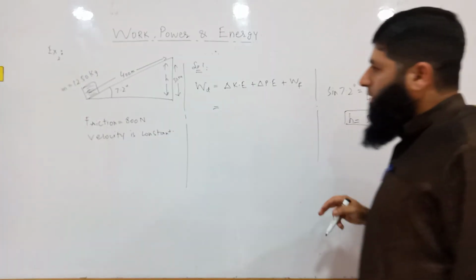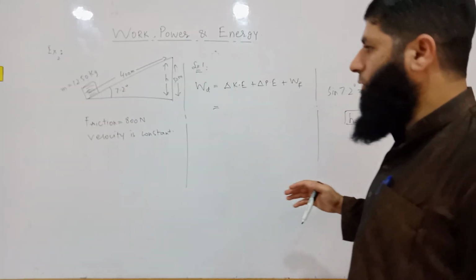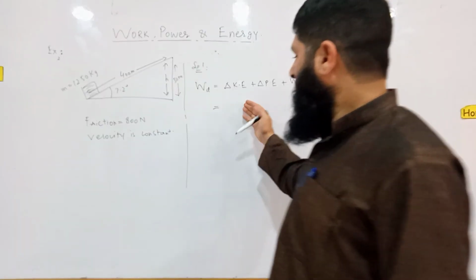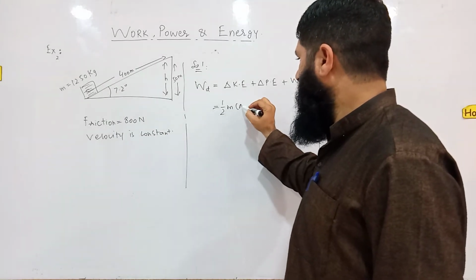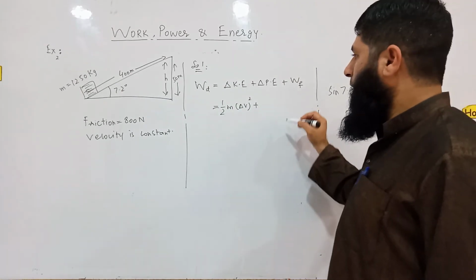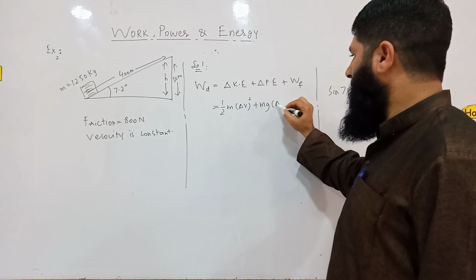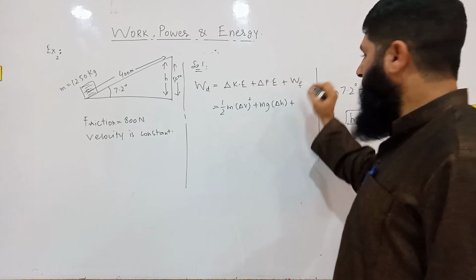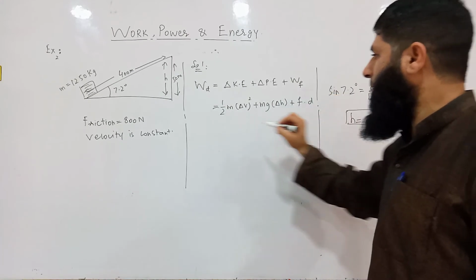Now we can see that the change in kinetic energy is basically equal to half m delta v square, change in velocity square, and the change in potential energy will be equal to mg into delta h, and the work done against friction is basically equal to the force of friction multiplied by the distance.